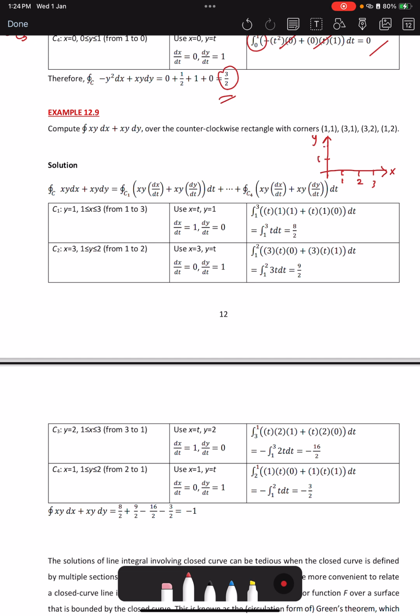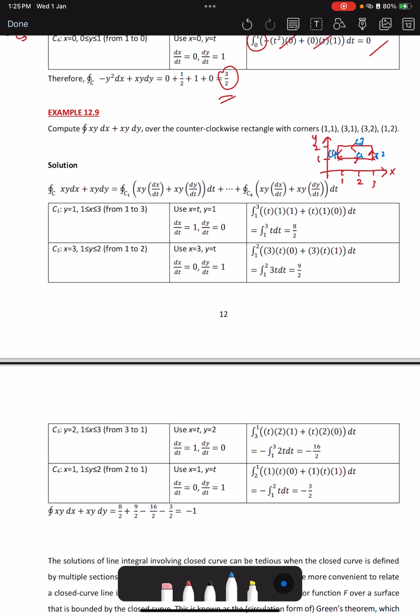This is 1 and 2. Okay, so it goes like this. Now this is how it looks like. So this is your C1, C2, C3, and C4.